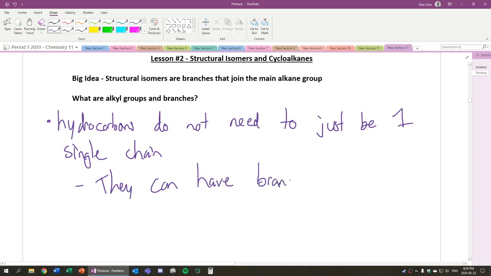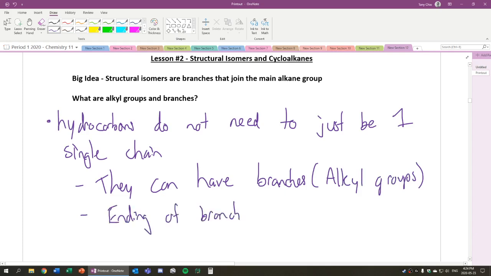And we call these branches alkyl groups, which means that depending on the length of the branch, the ending becomes -yl. So not -ane anymore, but -yl. So Y-L.